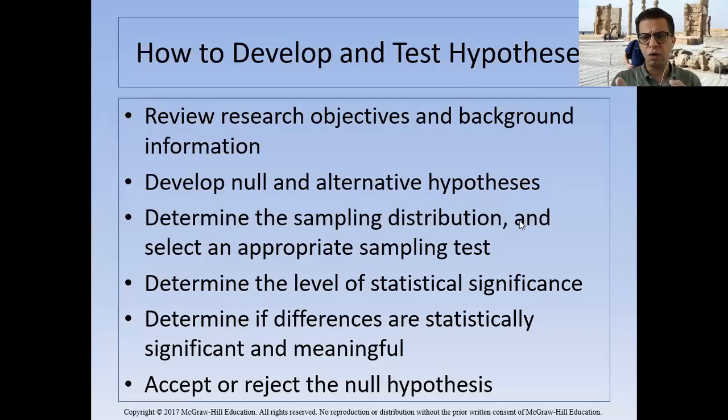It's like in a court. In a court, everybody is innocent until proven guilty. The null hypothesis is the way to prove this person is guilty, so the hypothesis is that the person is innocent.